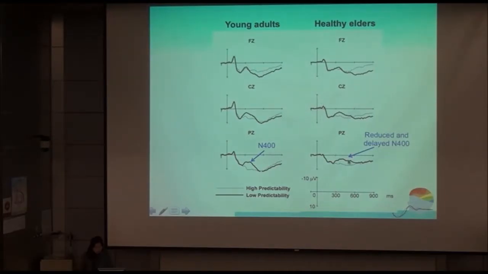So you can see the healthy elders tend to show a much reduced and delayed N400 effect, but the effect is still robust. So basically, this is some kind of replication of the studies with alphabetic languages.